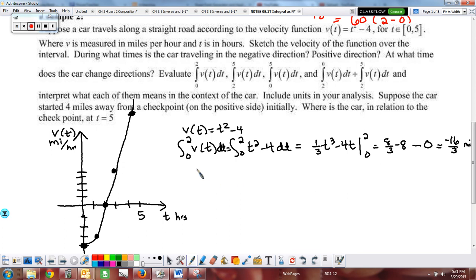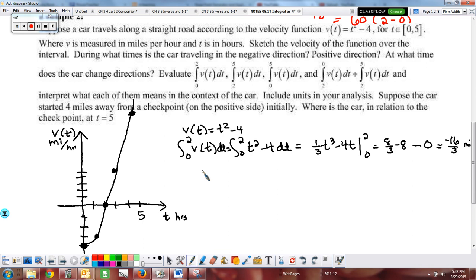This is saying that the car is traveling along a straight road, but it has a negative velocity. So we have to have a direction that we're going in. So let's say positive is forwards from a certain beginning point, and negative is backwards, okay?